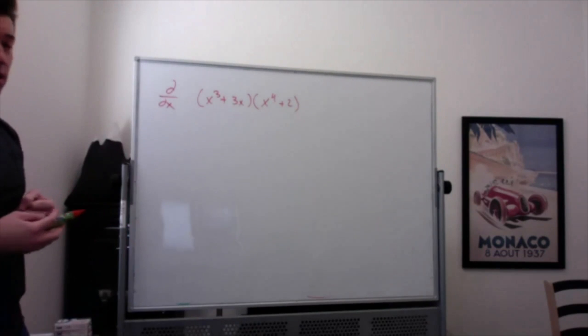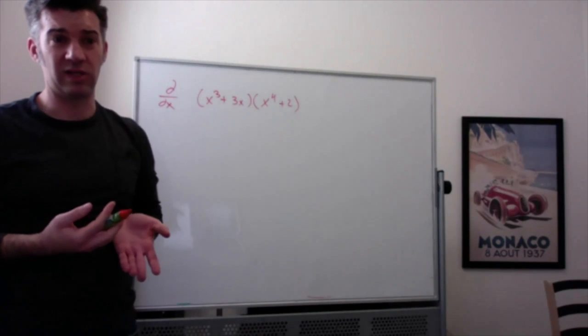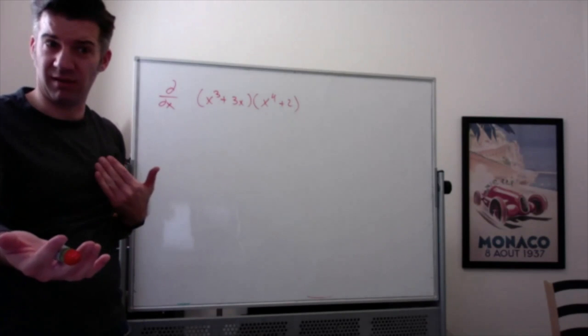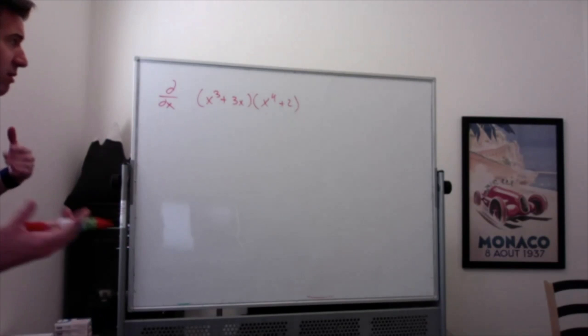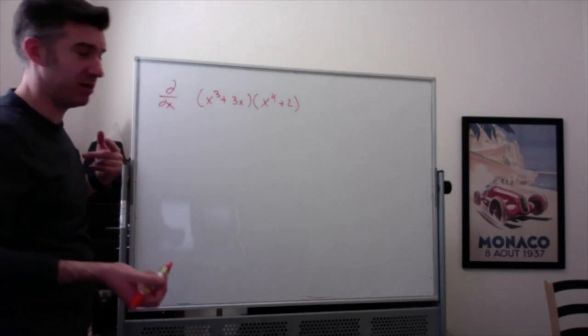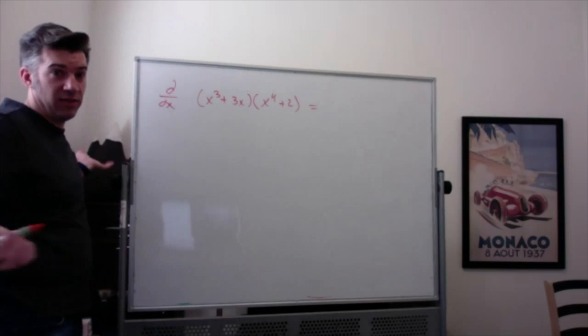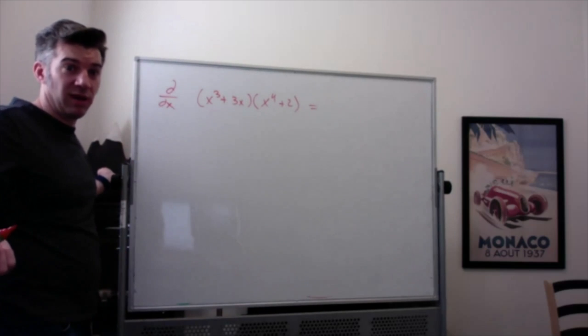While we will learn the product rule pretty soon, I haven't talked about it yet. Maybe you guys have talked about it in class. Maybe write in the chat if you've talked about the product rule. But the way I would do this without the product rule is by using my algebra skills.